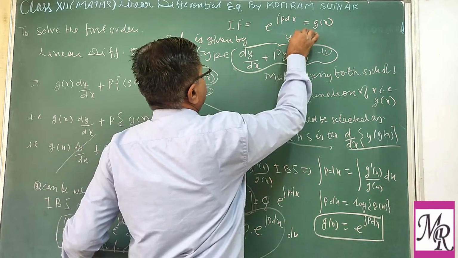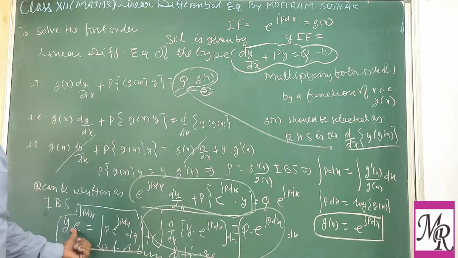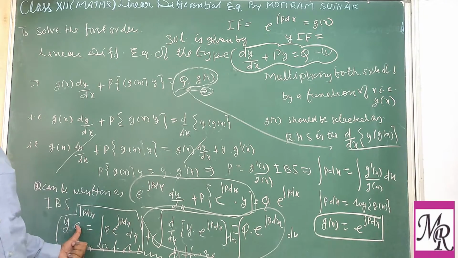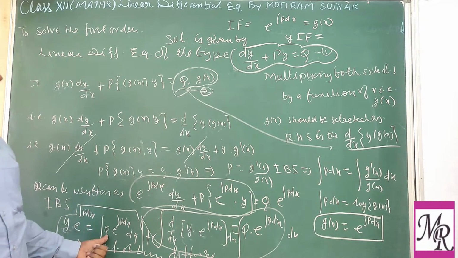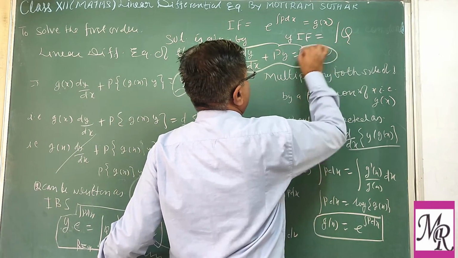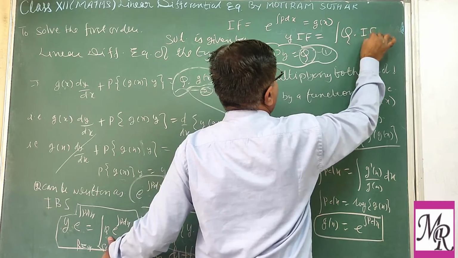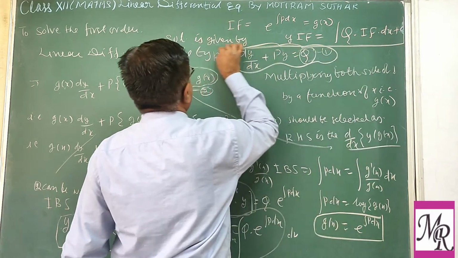So y into integrating factor equal to integration of q, the right side, q into integrating factor into dx plus c. So this is the direct method.